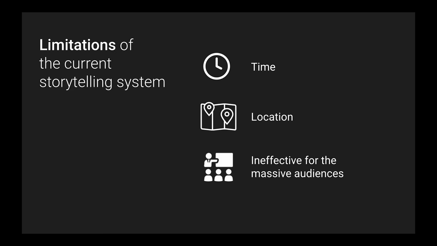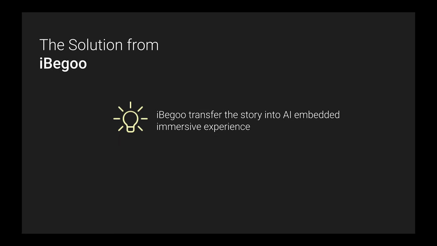Based on the background or some conditions the audience has, the storyteller might change some details in the story a little bit, or the storyline can be changed completely. This more spontaneous, more natural way of storytelling can happen with our software iBigo.